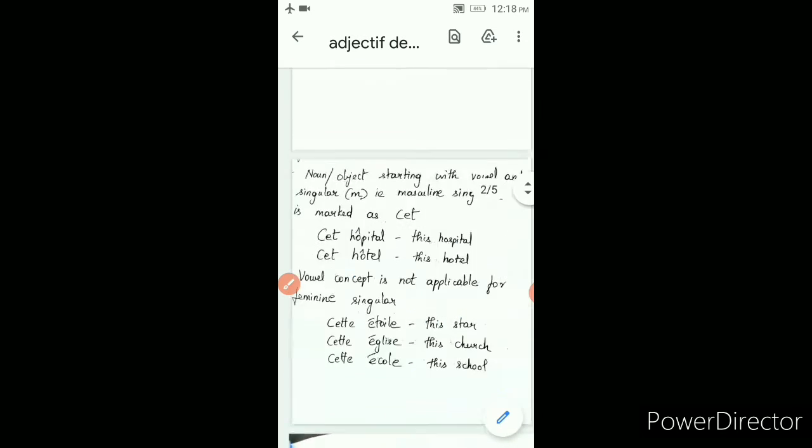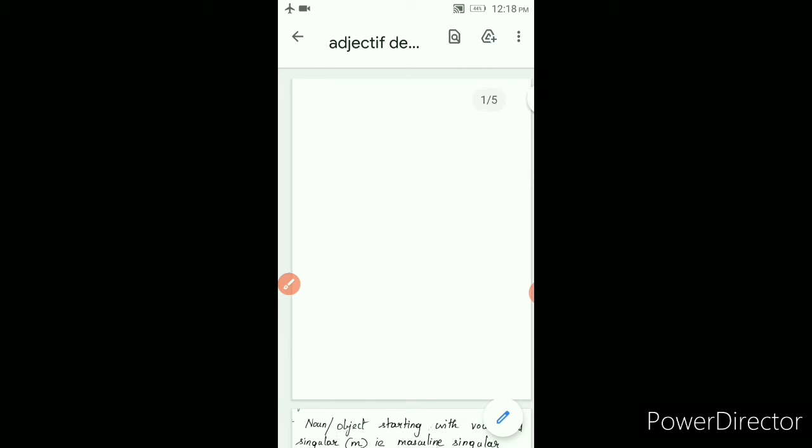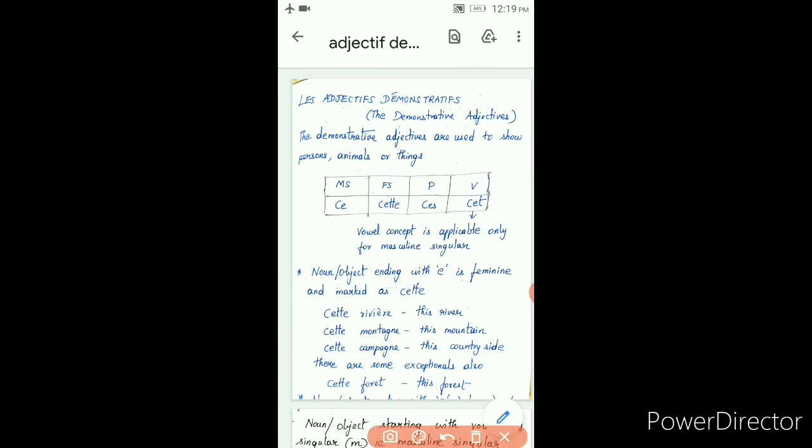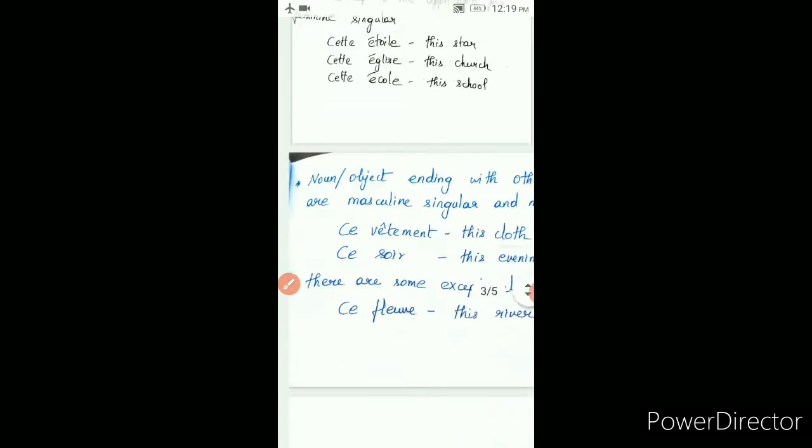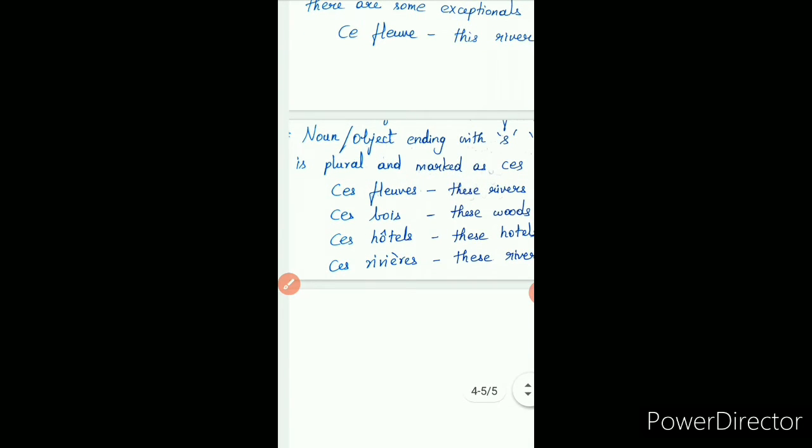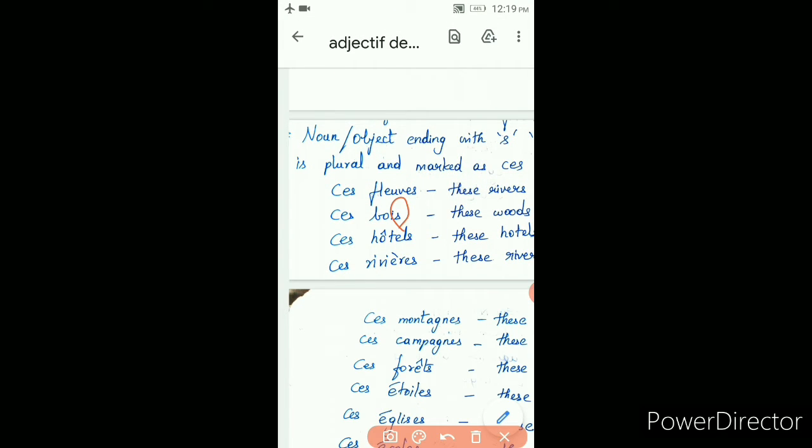Plural concept, if you see here, you just check it out here. What is the plural concept for adjective demonstrative? It is ces. So the same you are bringing here. Here it is ending with s, so say. Ending with s, say.